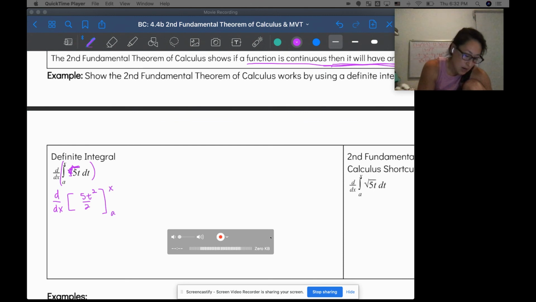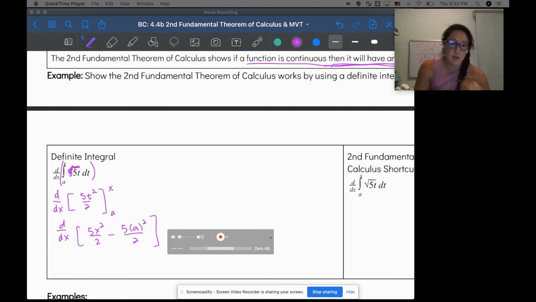Okay, now I plug in: d dx of 5x squared over 2 minus 5 times a squared over 2. And then we're going to take the derivative of that. Now the derivative of 5x squared over 2 is, bring down the 2, so we get 5x, reduce the power, and then remember a is a constant.